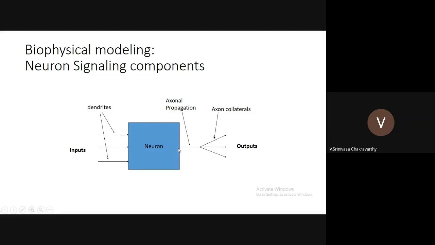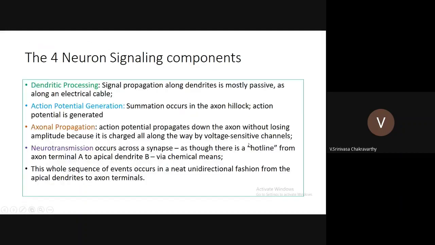Then the action potential propagation along the axon, which is axonal propagation, where it propagates without loss of amplitude. Once the signal reaches the end, you have synaptic transmission, where a chemical released by the presynaptic side is converted into a voltage on the postsynaptic side. Okay, so you see that this whole sequence occurs in a unidirectional fashion from the dendrite to the axon terminals.